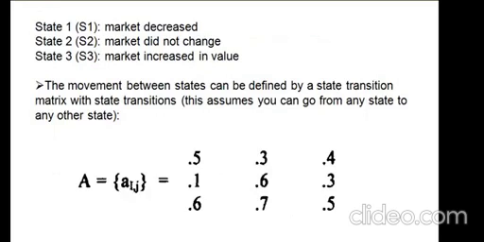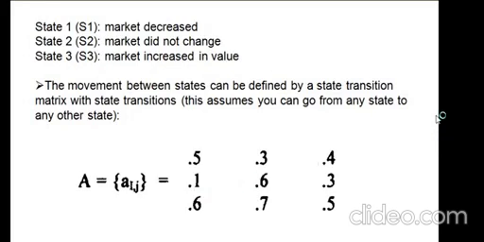That is 2 comma 1. 2 comma 1 means the market did not change to the decreasing state, that is, state 2 to state 1. The market goes from the did not change state to the decreasing state. What is the probability of that one here? 0.1. You can observe that on the matrix. Is it clear now?